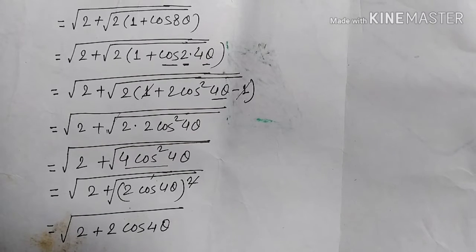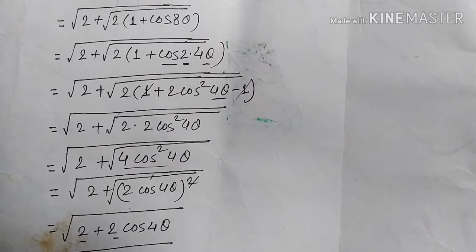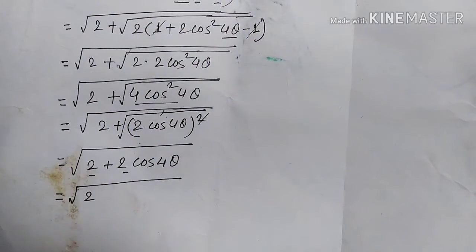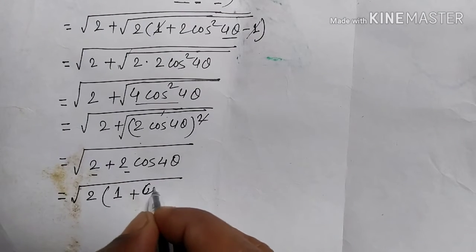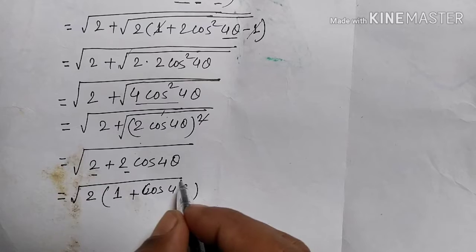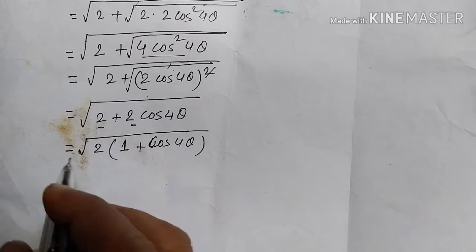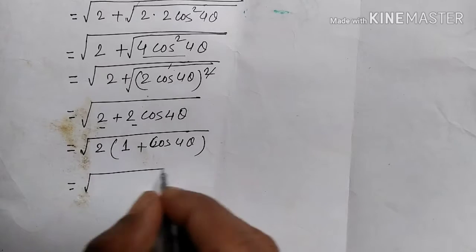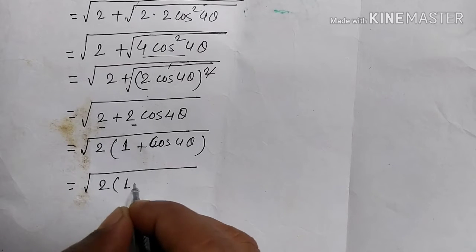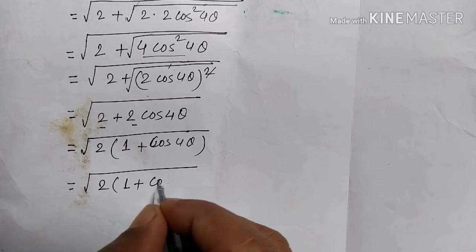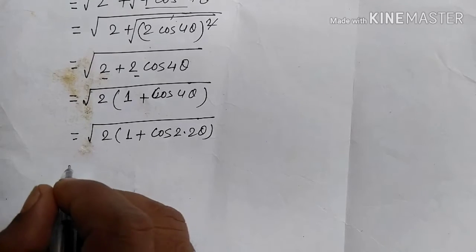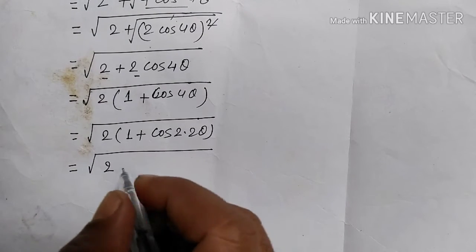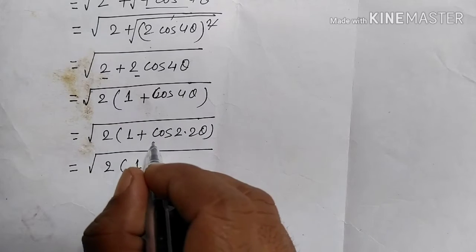Again you can see these 2 and these 2 are the same, so you can take 2 as common and write 2(1 + cos 4θ). Now 1 + cos 4θ can be written as 1 + cos 2·2θ.